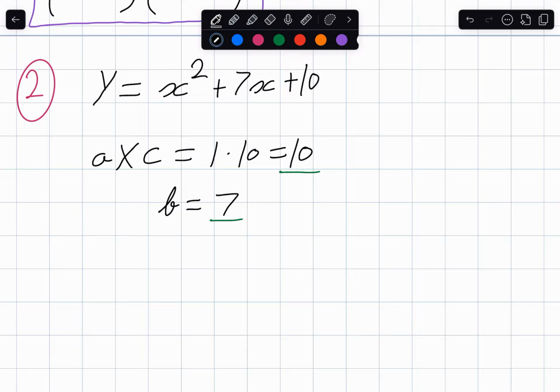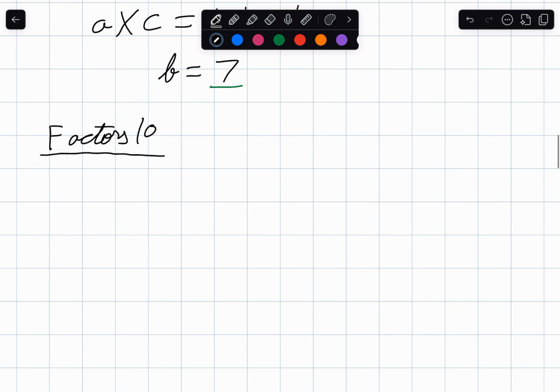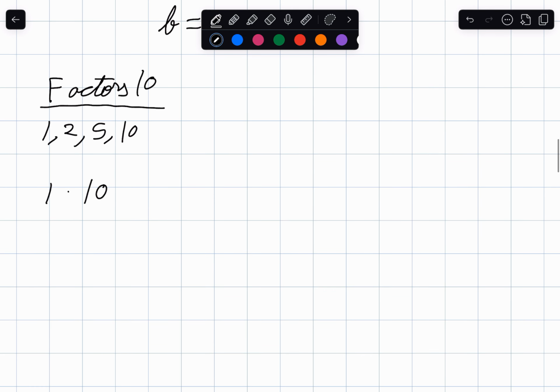We can look at factors of AC, which is 10. Factors of 10 are 1, 2, what else? 5 and 10. So we need to look at combinations. What about 1 times 10? That does not add up to 7. What about 2 times 5?